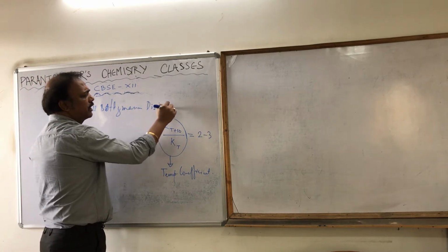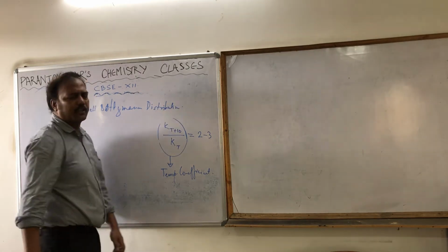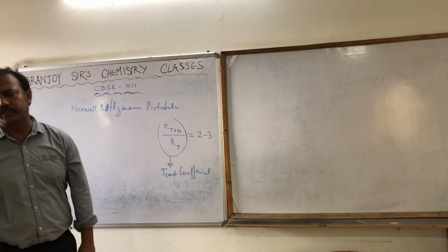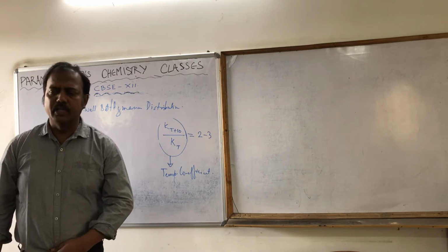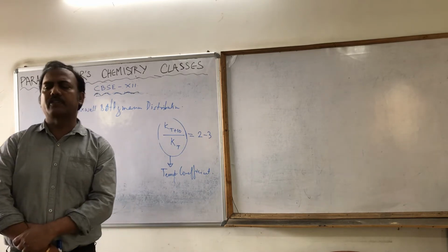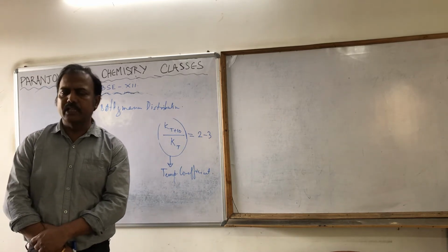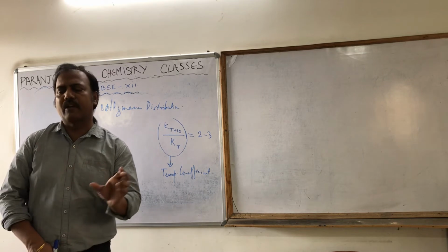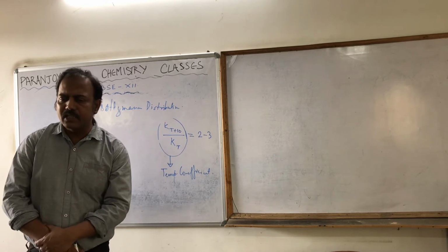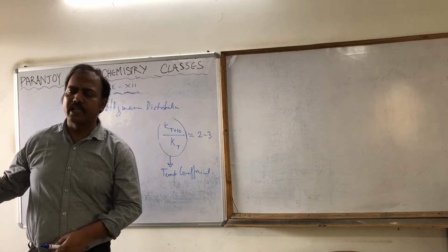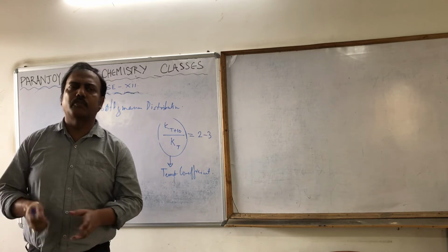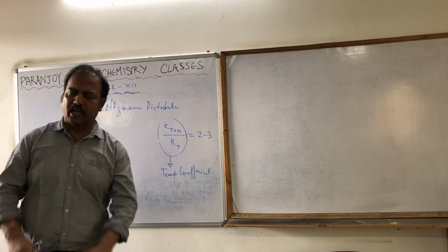So here it is happening also for the molecules undergoing the reaction, that means the reactant molecules. If we measure the kinetic energies of the reactant molecules, we will see that very few will have very less kinetic energy, very few will have very high kinetic energy, most of them will have the average kinetic energy.